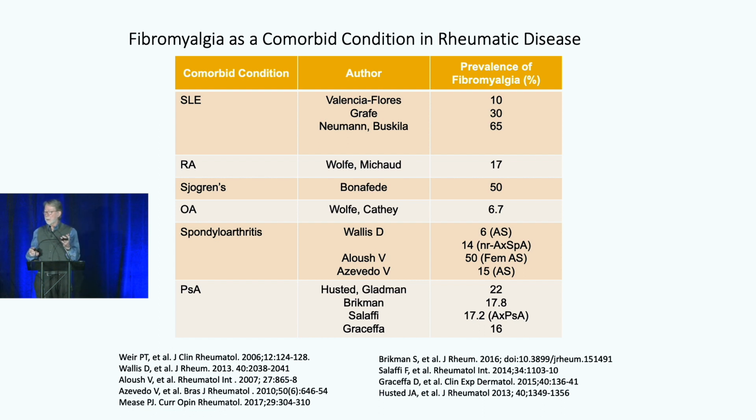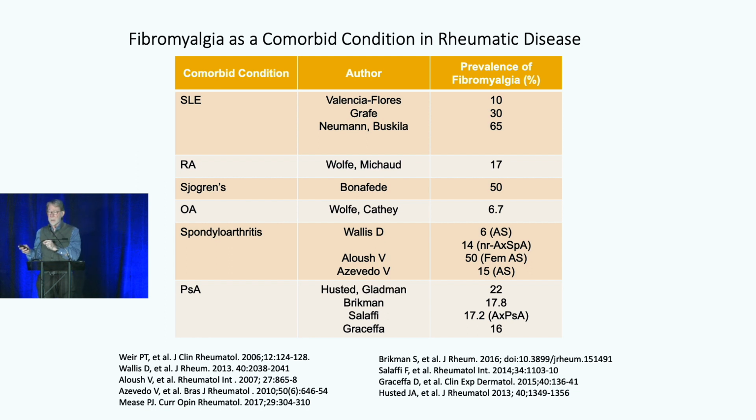In Sjogren's syndrome, one study done out of Oregon found that 50% of patients had fibromyalgia in this large community cohort. Osteoarthritis, a little bit less. And in the spondyloarthritis and psoriatic conditions, various studies suggest that the figure, again, is just shy of 20%.